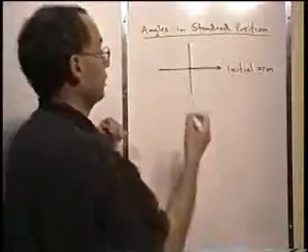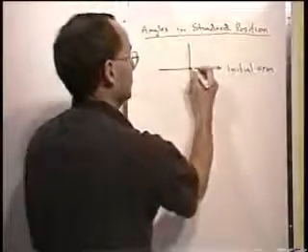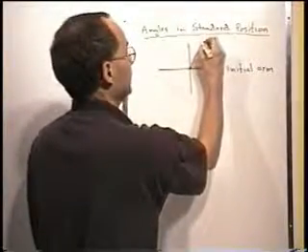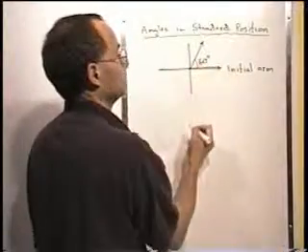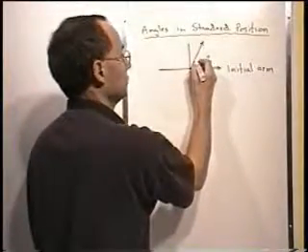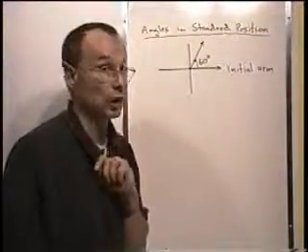So let me just draw one. For example, I wanted to draw 60 degrees. That would swing up to about there, and this would be 60 degrees. Okay, and I've swung upwards. Okay, and that's the positive direction.